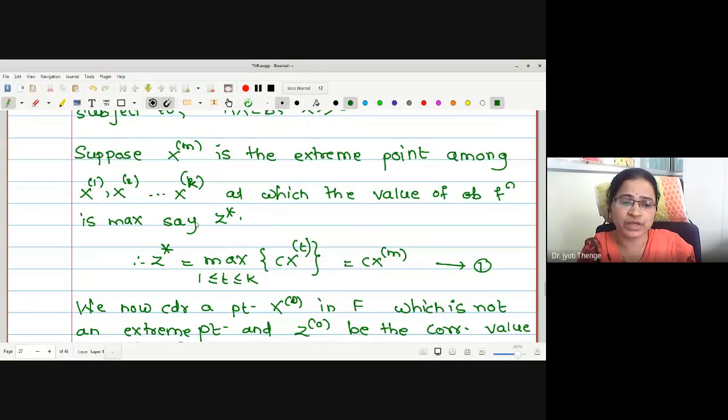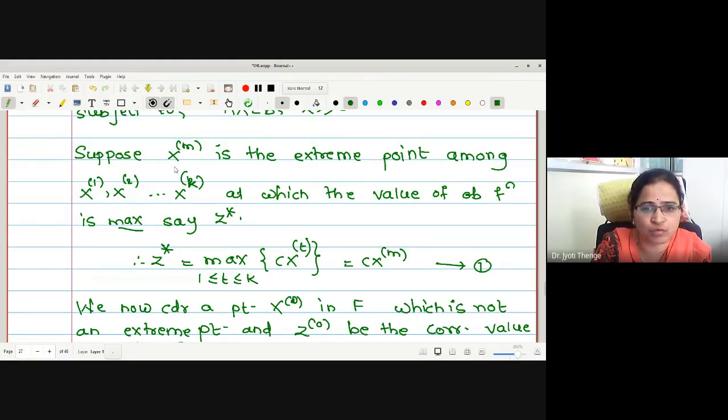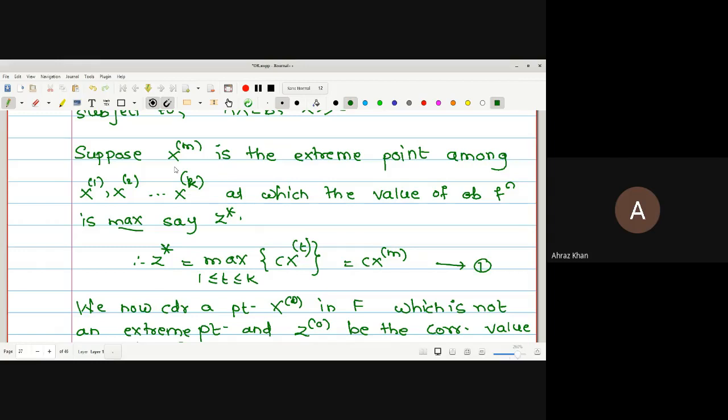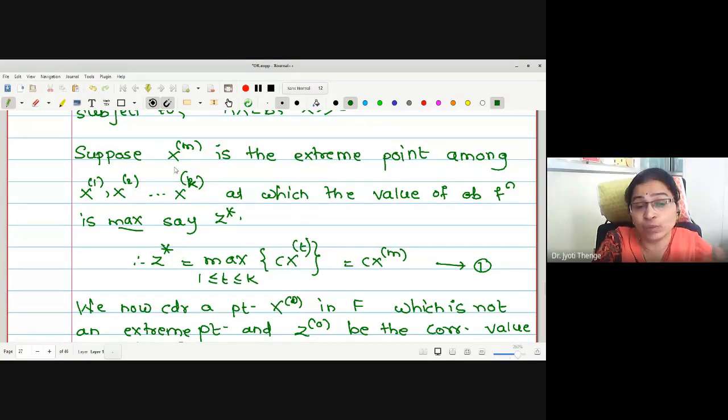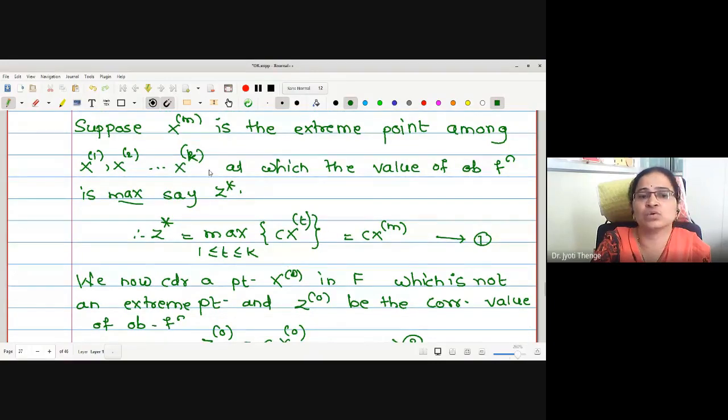But what we have assumed is that the mth extreme point gives us the maximum value. Therefore, what is the relation between the value at x1 and the value at xm? Value at x1 is less than value at xm, that is Cx1 is less than or equal to Cxm.